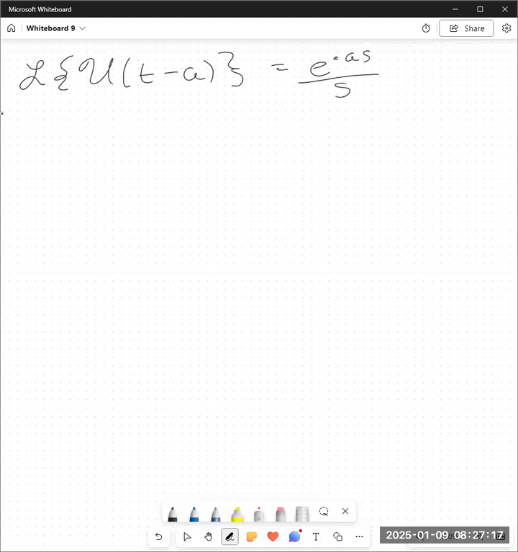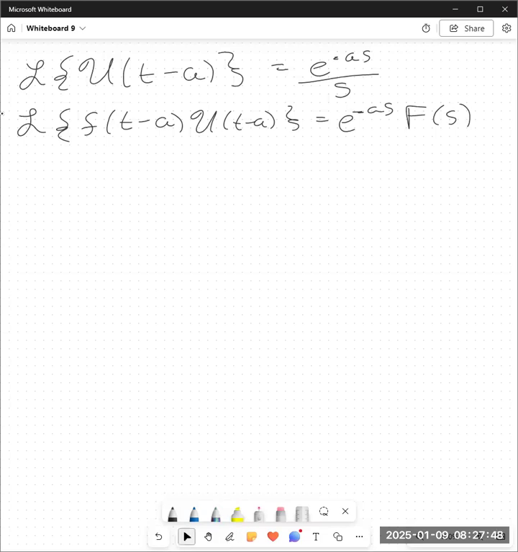And when we take the Laplace transform of f of t minus a, unit step function t minus a, where these match here, that's equal to e to the negative as capital F of s, as if whatever this function is before it was shifted is what that capital F of s is. So we'll look at that in a second, and hopefully that makes more sense once we do that.